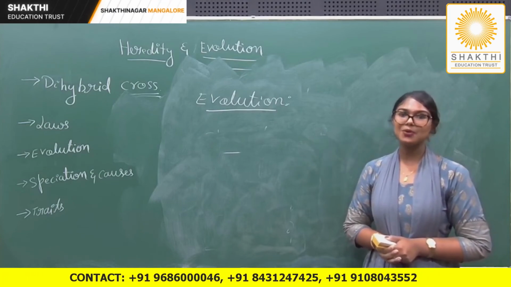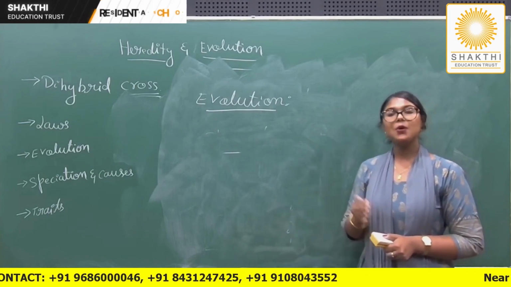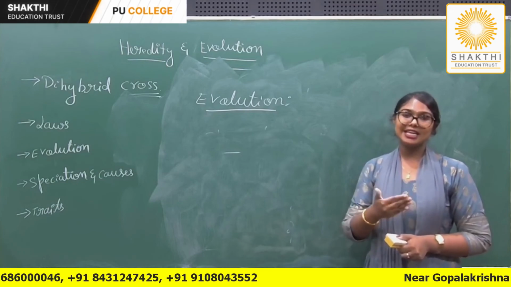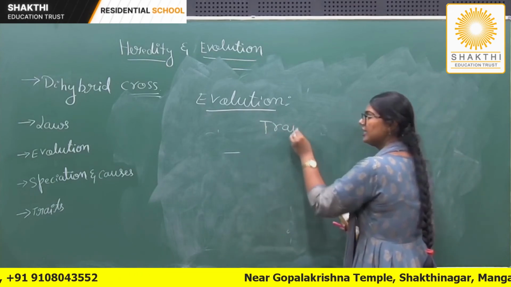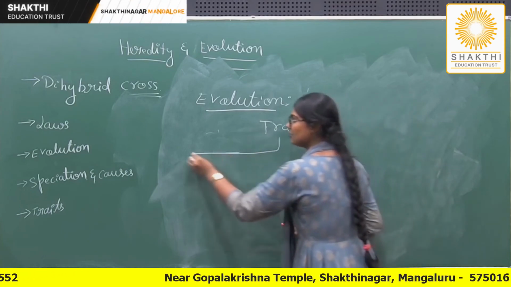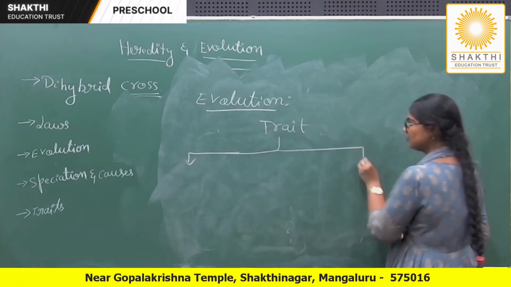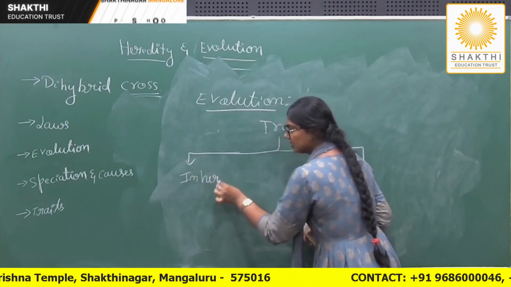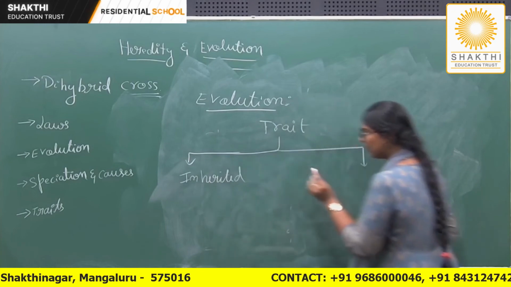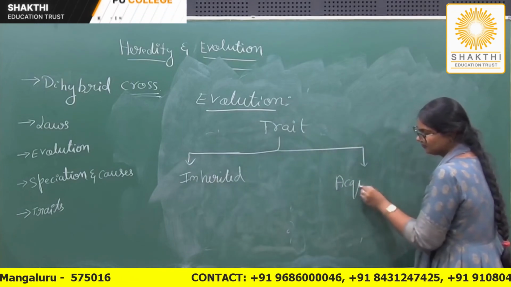What we have now is nothing but the acquired trait and the inherited trait. So the 2 types of traits are, trait is nothing but character. So we have 2 types of character, students. One is the inherited character and the second one is the acquired character.